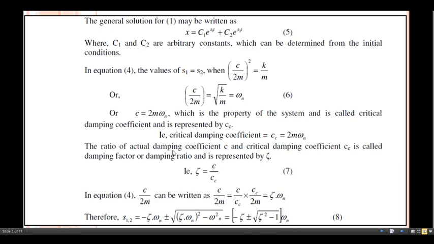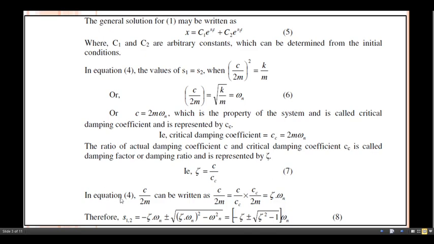The ratio of the actual damping coefficient c and the critical damping coefficient Cc is called the damping factor or damping ratio and is represented by zeta. That is, zeta equals c divided by Cc. Equation number 7 for this one.